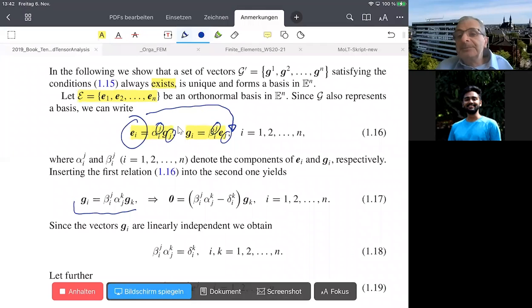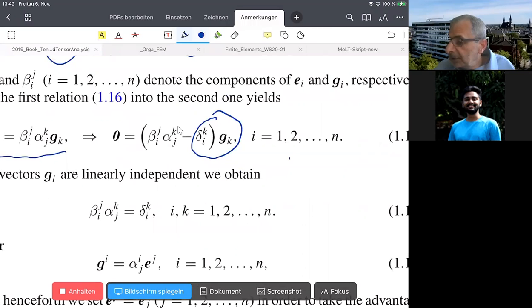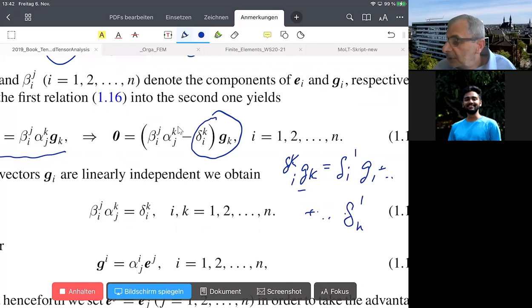And now we make a trick. You will learn this trick in the exercises. Namely, if you look at this term here, I have this term delta_ki g_k, right? You see k is a summation index. We sum up from 1 to n. So if you write it out, it will be delta_i1 g_1, and so on, plus delta_ni g_n, right?